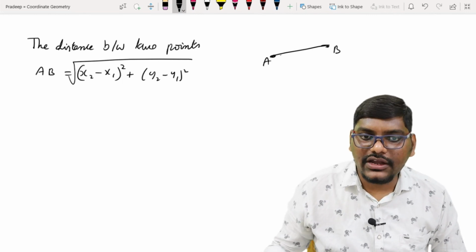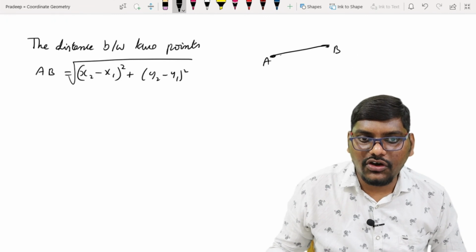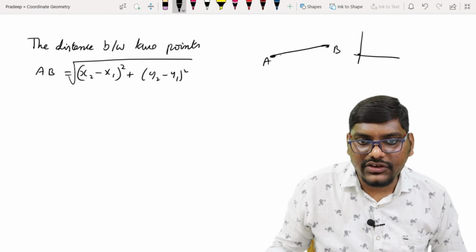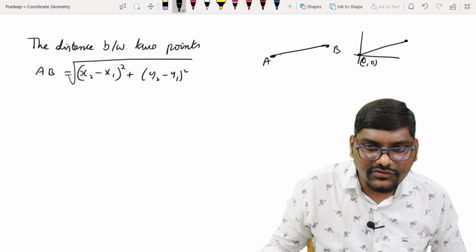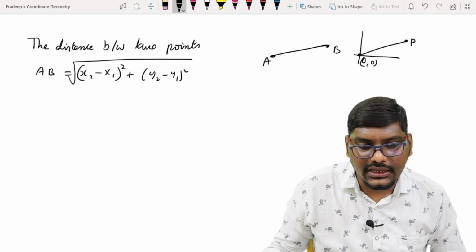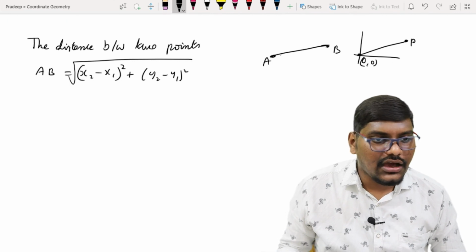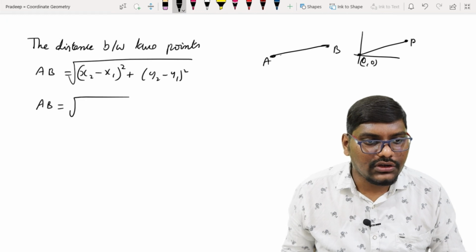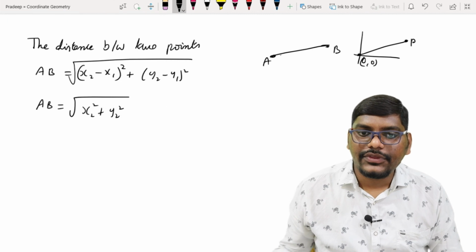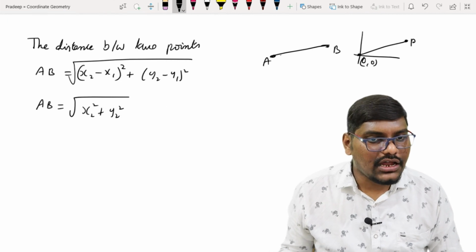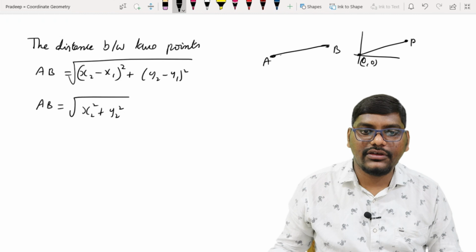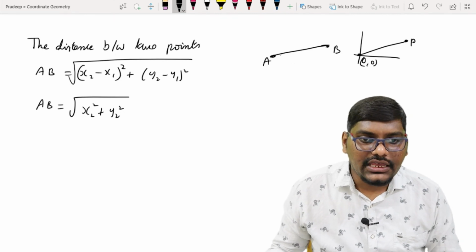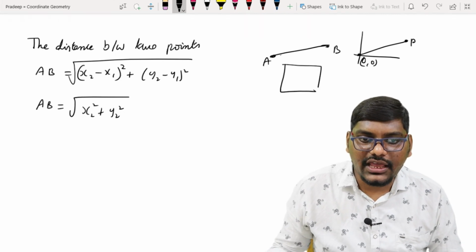Even if the point is from the origin, suppose these are the coordinates. If the point is at the origin (0, 0) and we are just finding out the distance from the origin to a certain point P, in this particular case we will be using the formula AB equal to the square root of x2 square plus y2 square. Alright, so this is one of the formulas to find out the distance between the 2 points, even if there is a square or a rectangle.